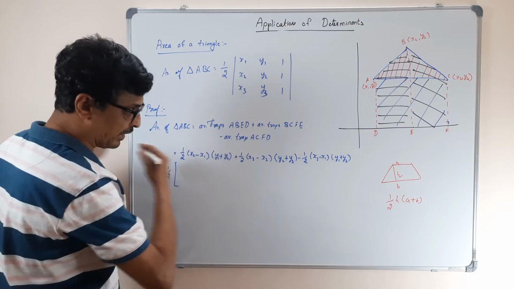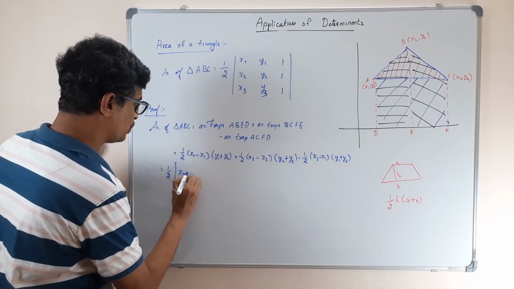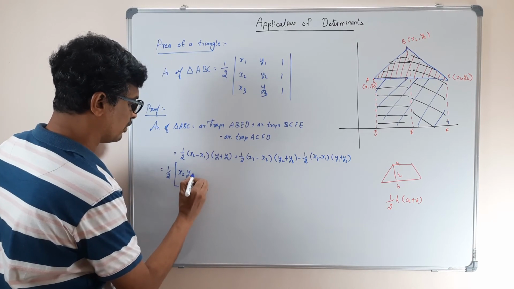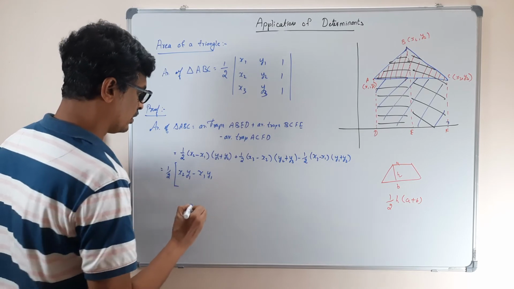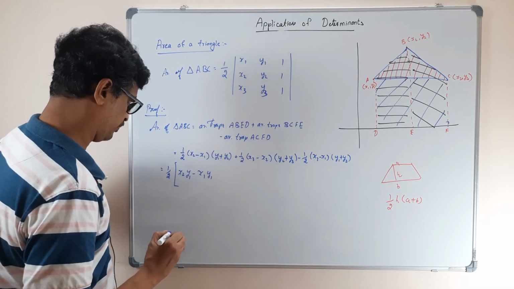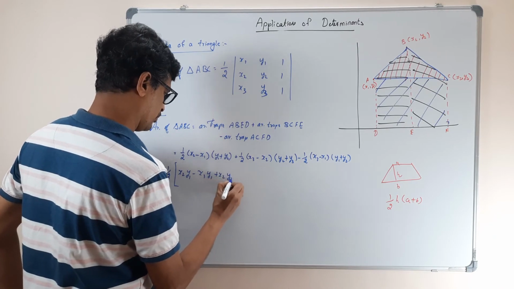So let me open it first and then do it. What will it be, you tell me? This will be x2 y1 minus x1 y1, plus x2 y2 minus x1 y2.